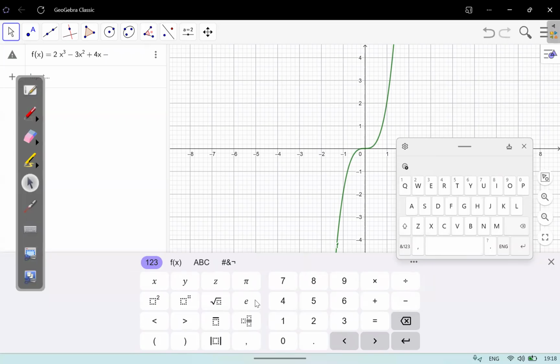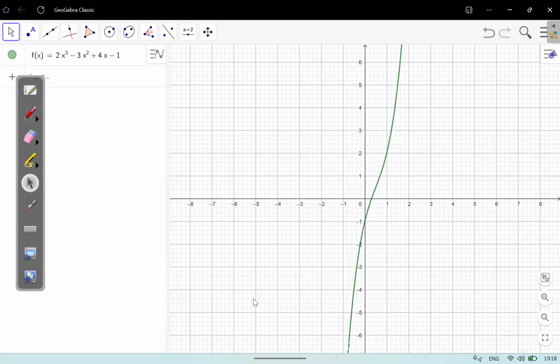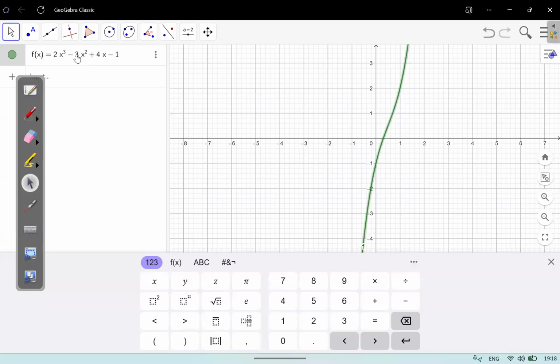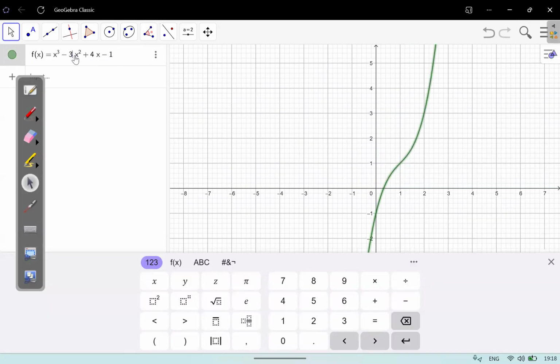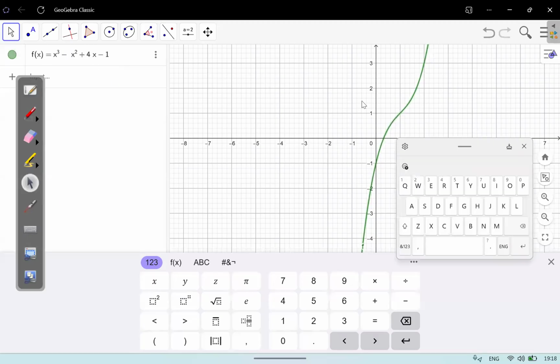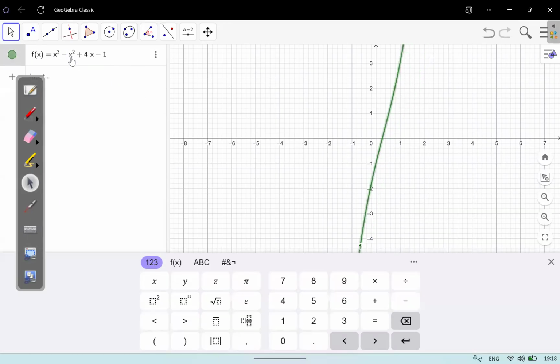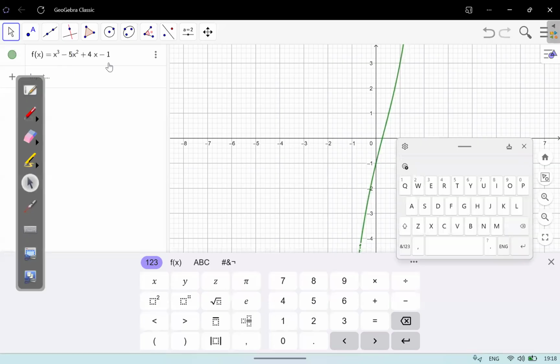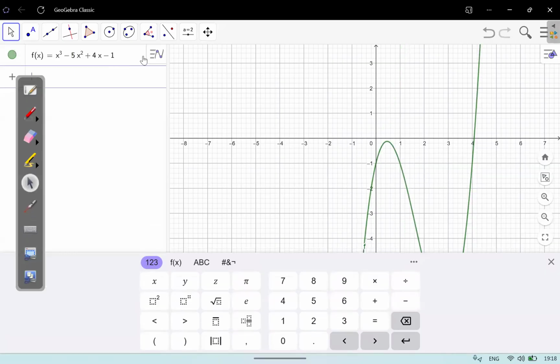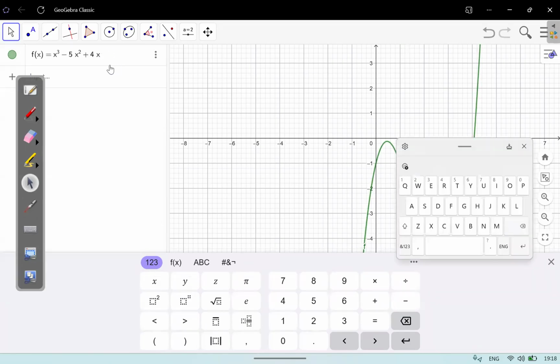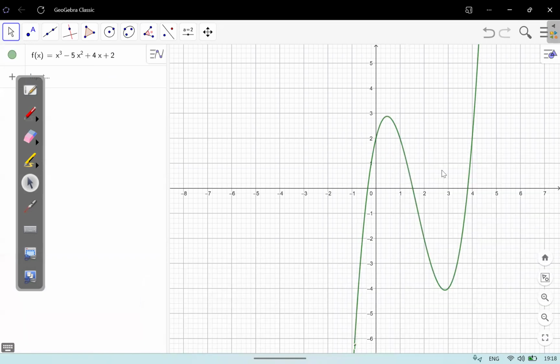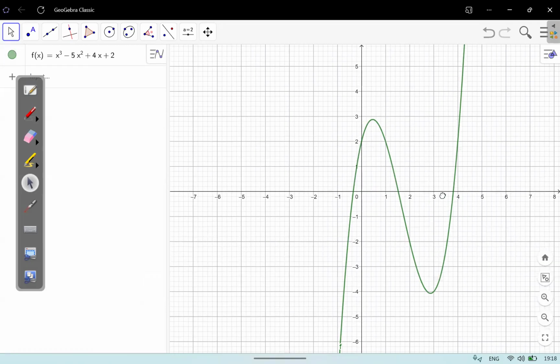I don't know if this graph is even going to give me a nice shape. It's not. Okay, this one is not that terrible.